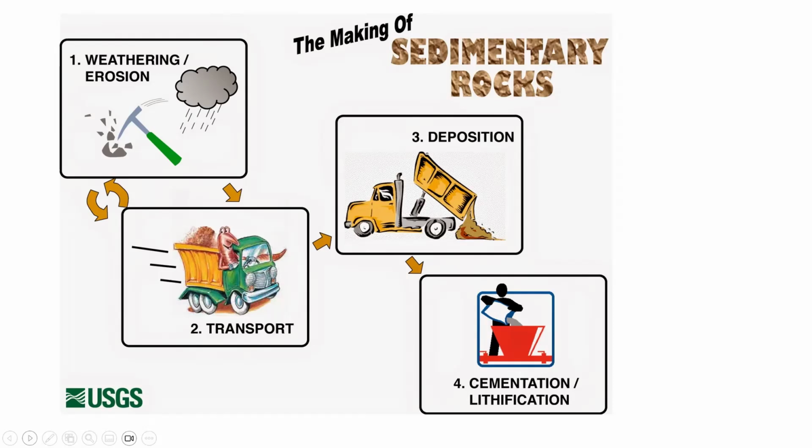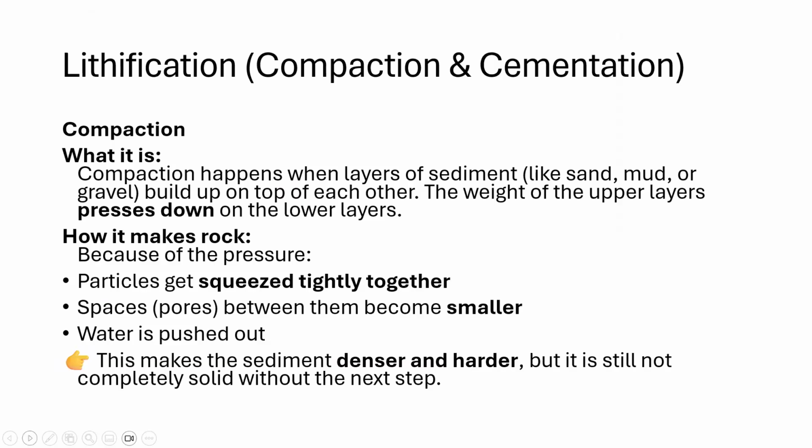So once weathering is taking place, we now have these clasts or pieces of rocks. These pieces of rocks would be transported by agents of transportation, and then get to be deposited in an environment of deposition. And then after that, lithification takes place, wherein compaction and cementation are taking place to form a solid sedimentary rock.